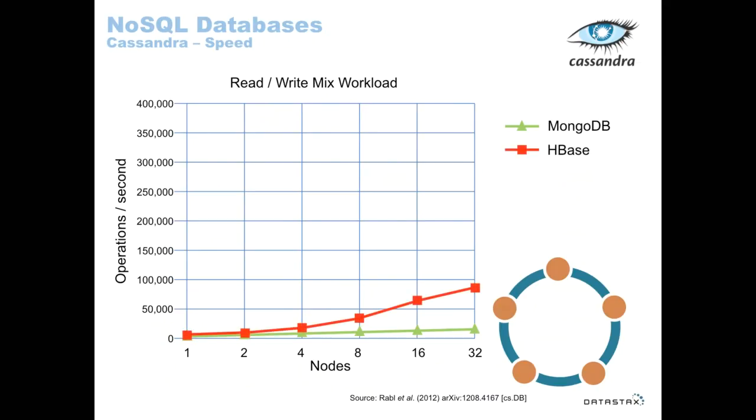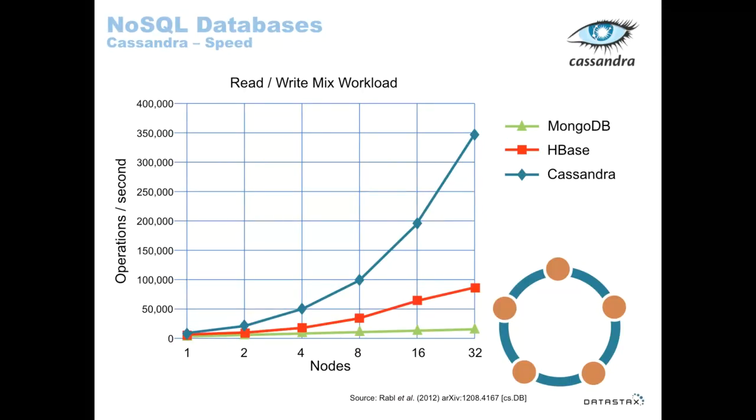For HBase, a bigger improvement, but for Cassandra, we have almost linear speed up. This is a log scale, so this represents almost linear speed up in the number of operations per second.